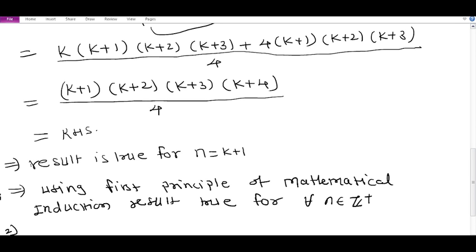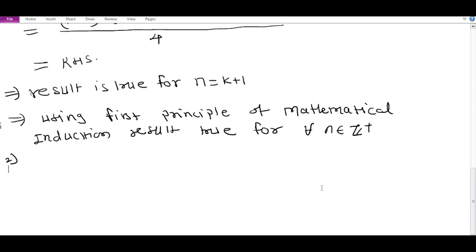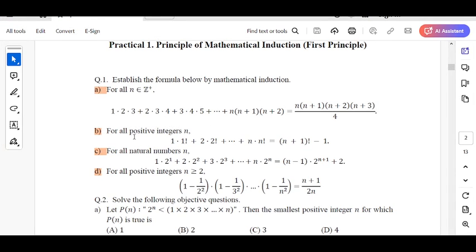Now example number 2, for all positive integers.